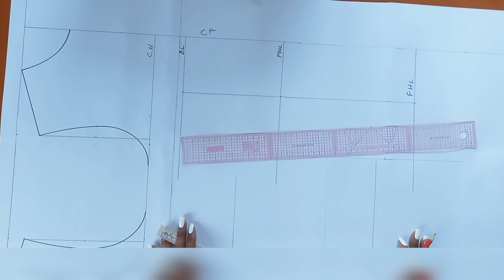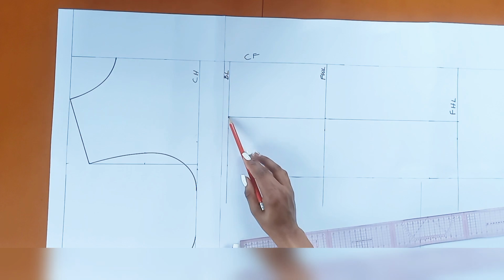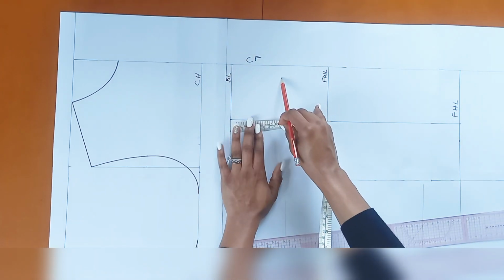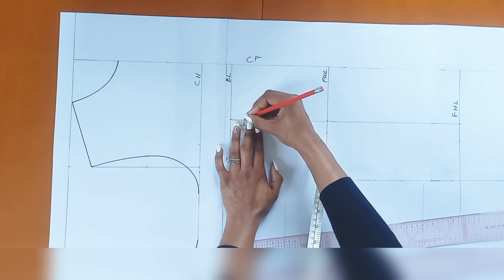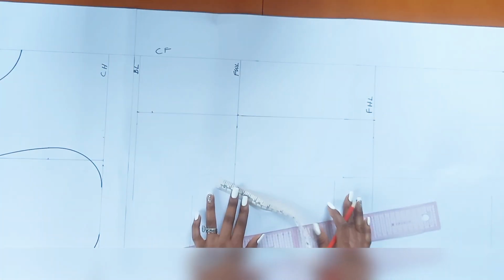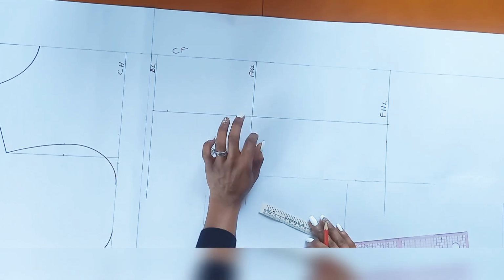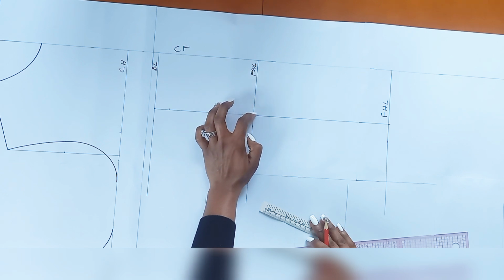So now, to do my darts for the front, I would come down on my bust. This now is my bust point, so I'm going to come down by 1 inch. So I'll be marking 1 inch downwards. On my front waistline, I'm going to be moving away on each side by 0.75.